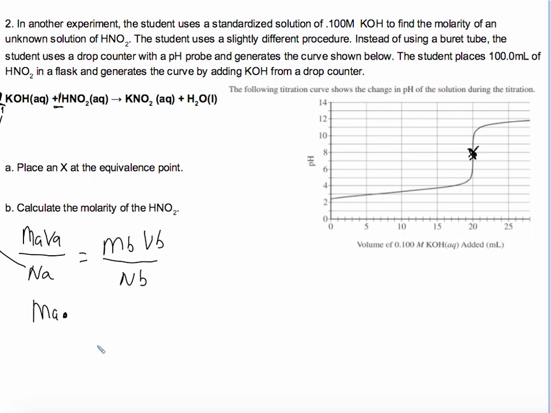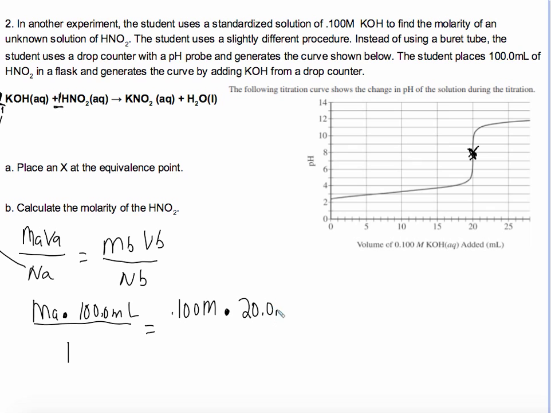So MA, we don't know that, times the volume of A. Well, we got to read up here, and it looks like they're putting 100 milliliters in. So 100.0 milliliters, divided by Na, which is 1, equals molarity base, which we got to look up here, and it's 0.100 molar, times the volume of the base.